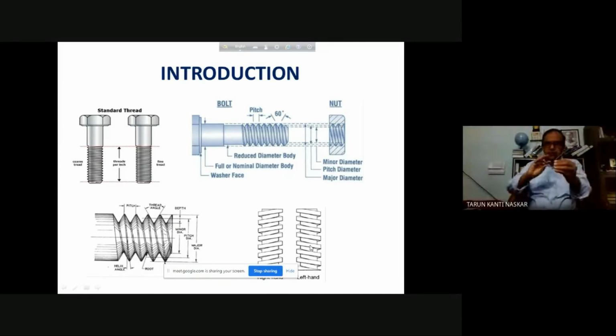You make the nut fixed, and if you rotate the bolt in clockwise direction and it goes away from you, then it is a right handed thread. And if you rotate it in the anticlockwise direction and it goes away from you, then obviously it is a left hand thread. So this way you can recognize two types of threads.